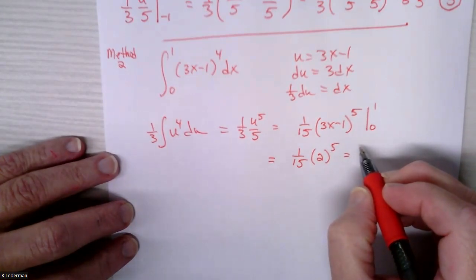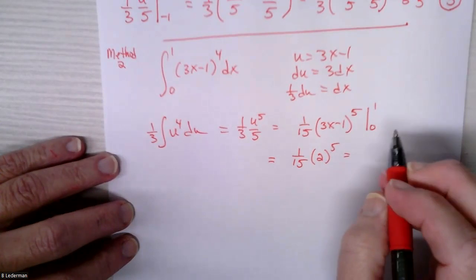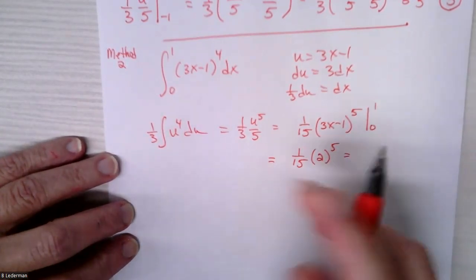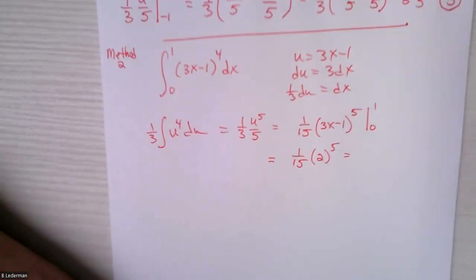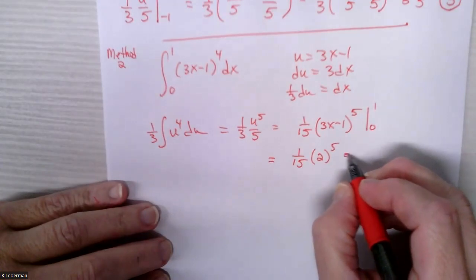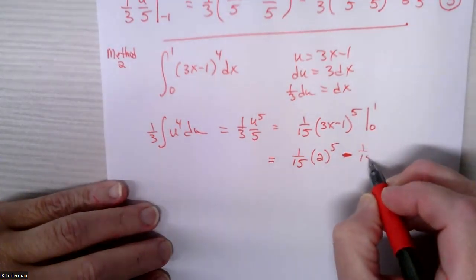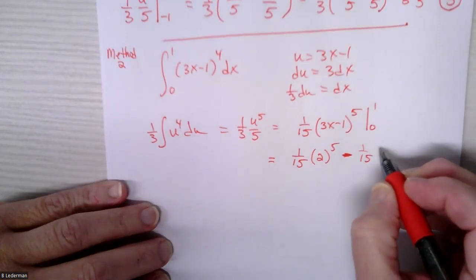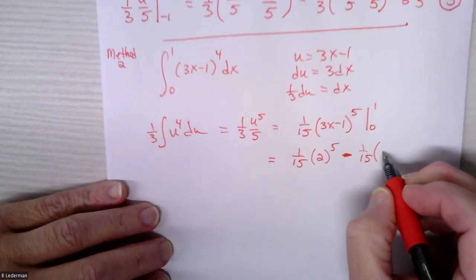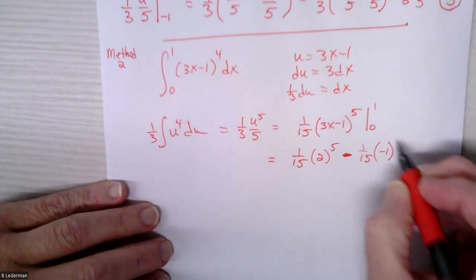Hold on a second. My bad. I just realized I missed something up here. Minus 1/15th times 3 times 0 minus 1, that's -1 to the fifth.